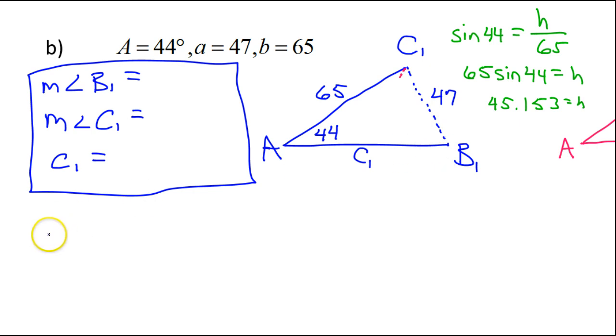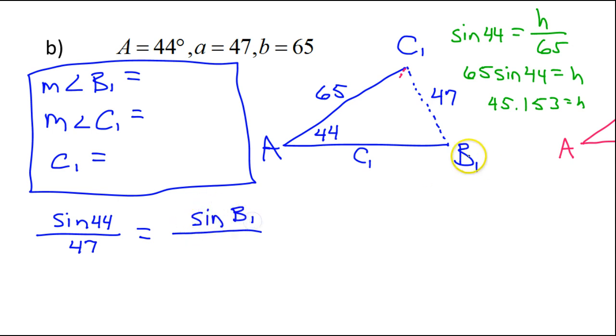Since I'm looking for the angle, I'm going to put the angles in the top. So I'm going to do the sine of 44 over 47. And then I will do the sine of angle B1 over 65.